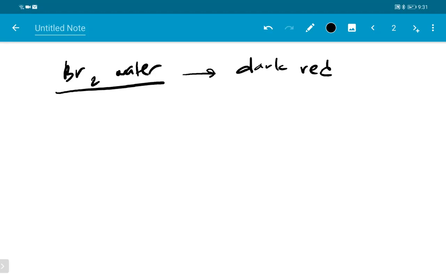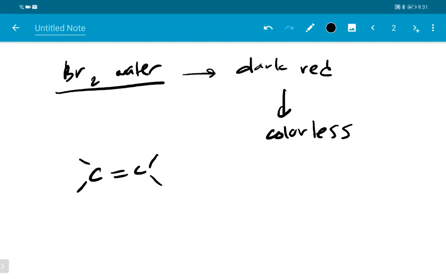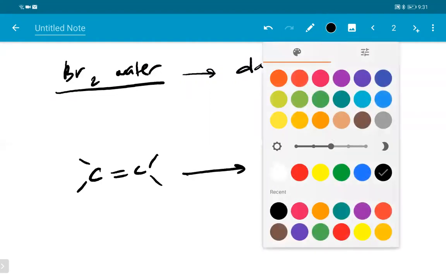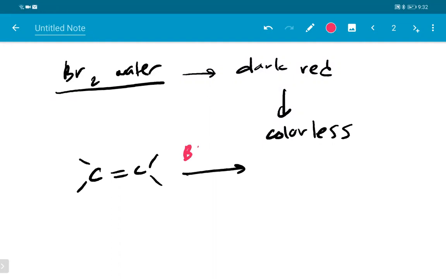So if it is positive, the dark red solution will change into colorless. Alright, in short apa yang berlaku, let's say we have an alkene compound. So dalam alkene kita ada double bond, and then upon reaction with bromine, and bromine is Br2 or we can write it as BrBr, the bromine will attack the double bond and break it.